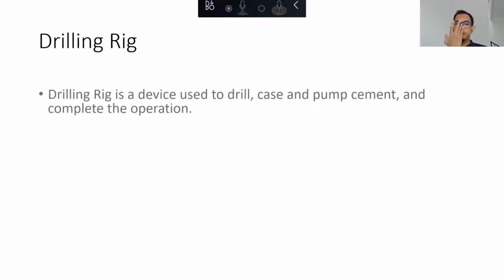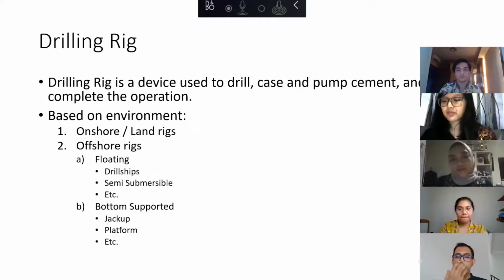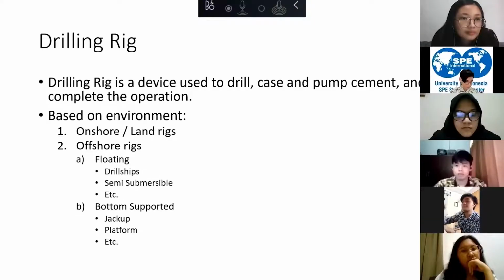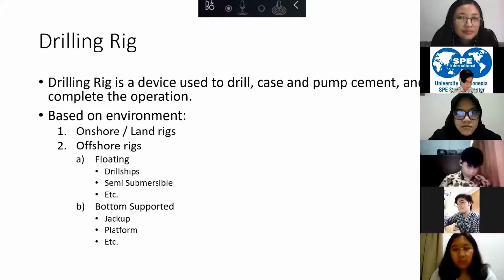Drilling rig. A drilling rig is a device that is used to drill, case, pump cement, and complete the drilling operation. Based on the environment, we have onshore or land rigs, and offshore rigs. Offshore covers the floating and bottom support types.